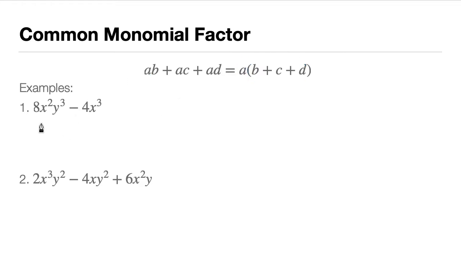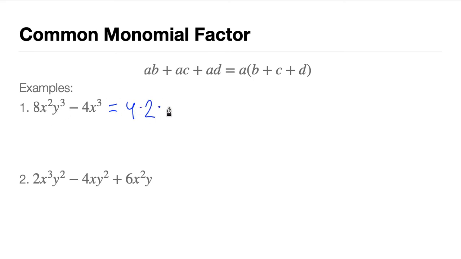So let's have it here: 8x squared y cubed minus 4x cubed. To make this even clearer, shall we put 8 as 4 times 2?